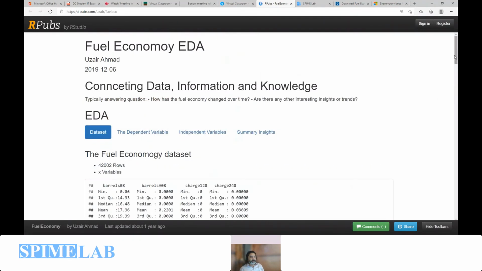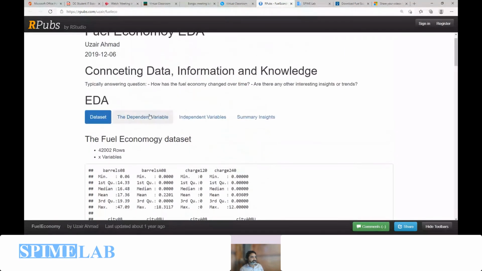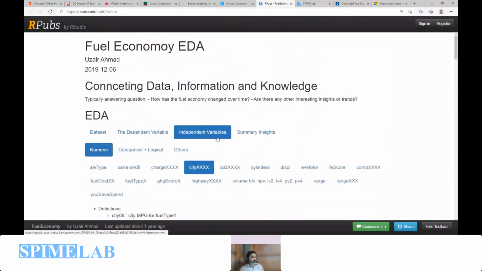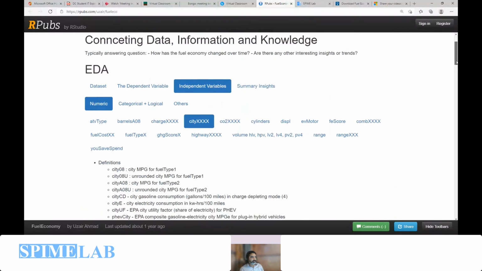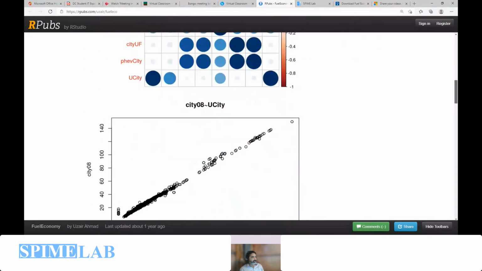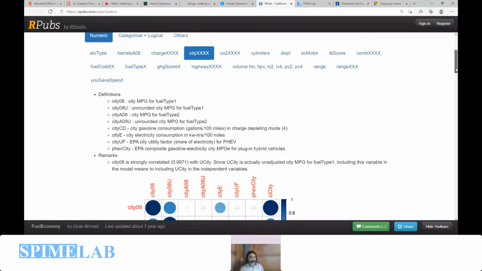We started with a summary of the data set in terms of key statistics, and then we analyzed our dependent variable, and individually we treated each independent variable, looked at its distribution and relationship with other variables.